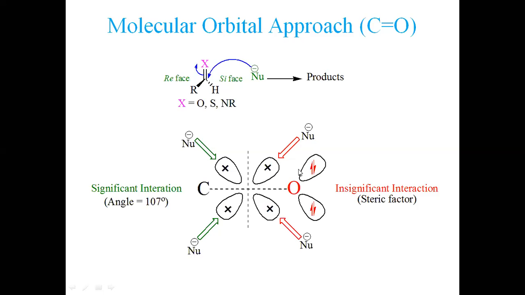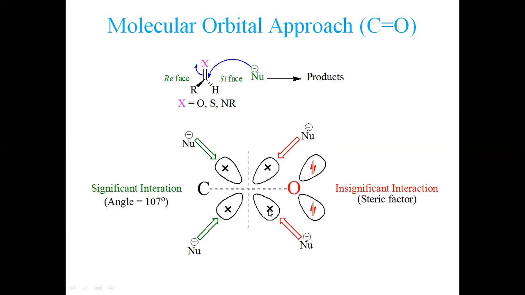So they shall repel each other electrostatically. Second, there are lone pair repulsions present here. That's why the nucleophile shall not approach this side or this orbital. It is not going to approach these two sides. That's why these are insignificant interactions of the nucleophile with these two.